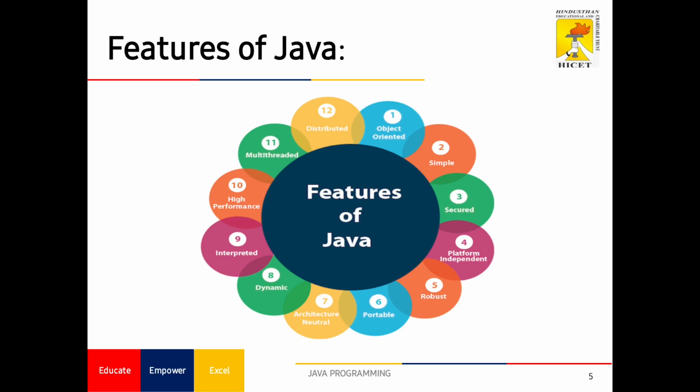The next one we have is multi-threaded. I have already said that a concurrent process is called multi-threaded. Java was designed to meet the real-world requirement of creating interactive, networked programs.